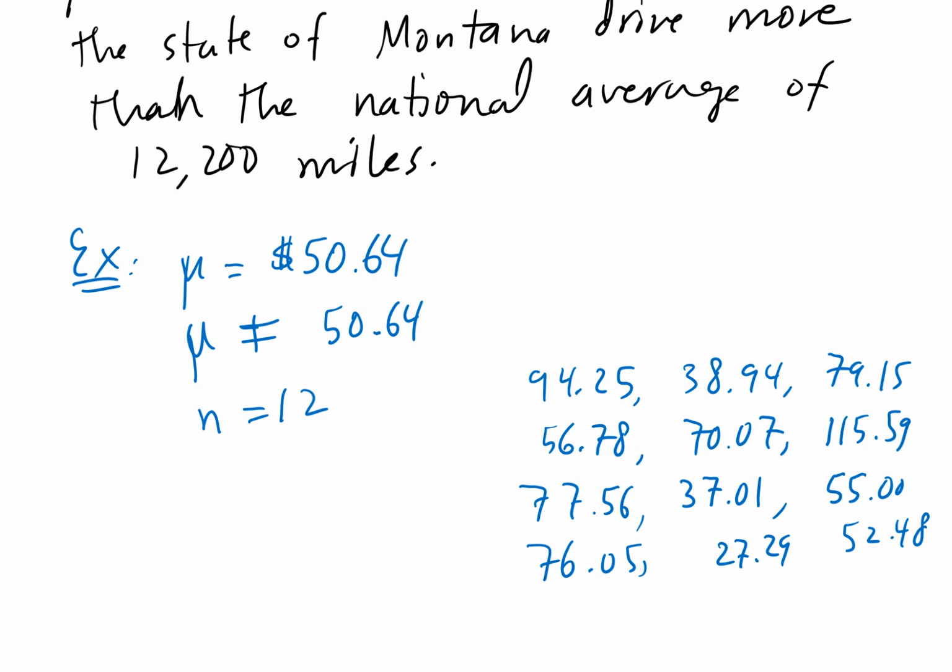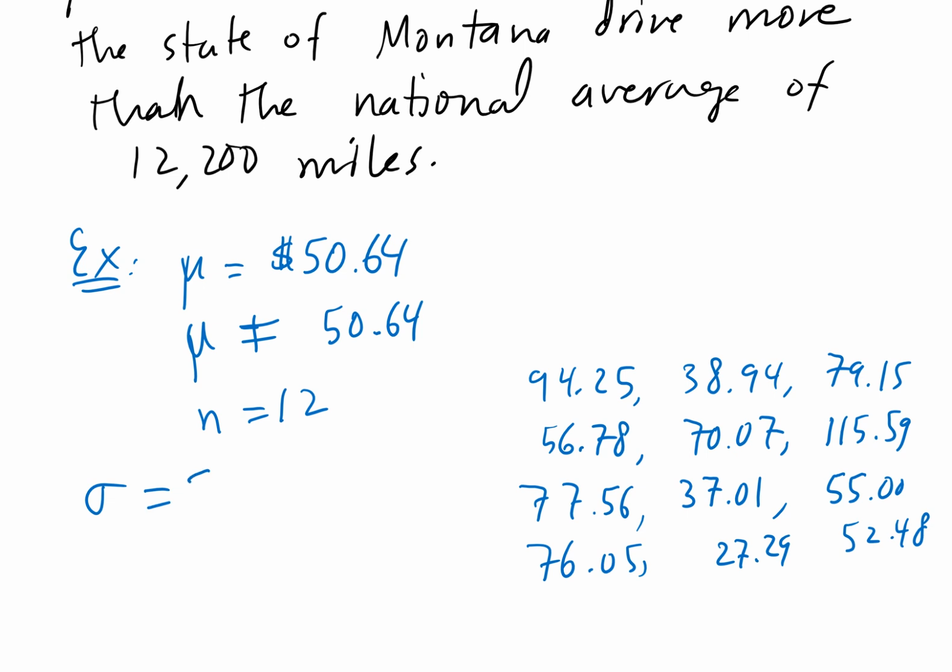Okay, so the Wireless Association thinks that the mean is about $50.64, but based on this sample of 12 subscribers, some paid $27.29, some paid $115.59, depending on the use.